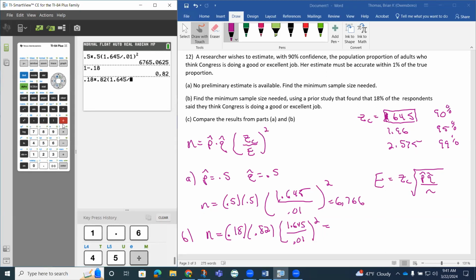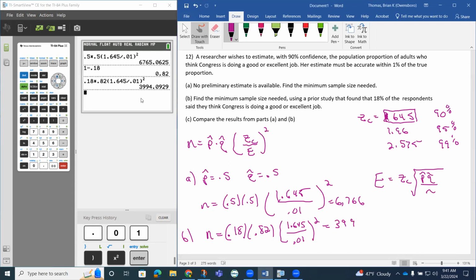And we're going to divide that by our margin of error, which is this 1%. And if we square that, that gives us then this 3,994. But notice how there is a decimal. And regardless of what the decimal is, the definition said round up. So that goes up to a 5.